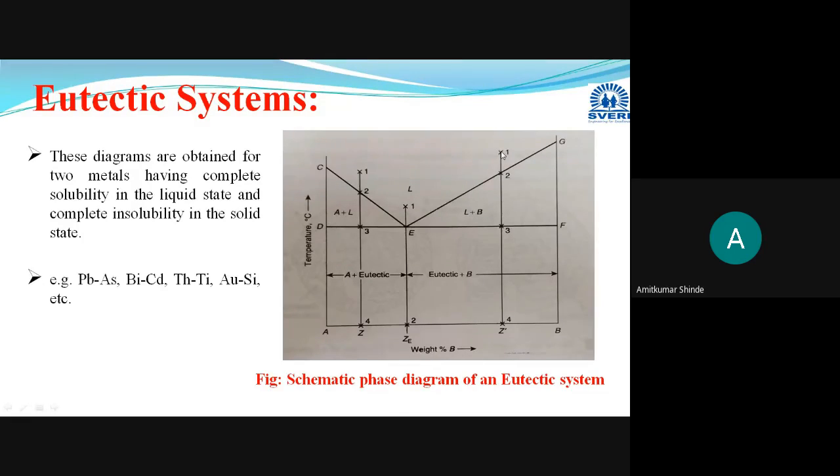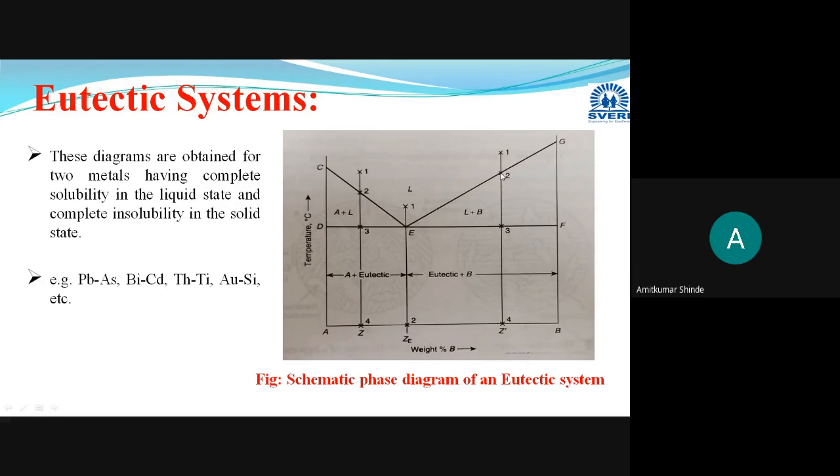Suppose the first region will be, here I have marked the point 1, from point 1 to 2. From this point 1 to point 2, your alloy will be in the liquid state only. When temperature falls in this region 1 to 2, whatever may be the temperature, the phase will be only liquid.